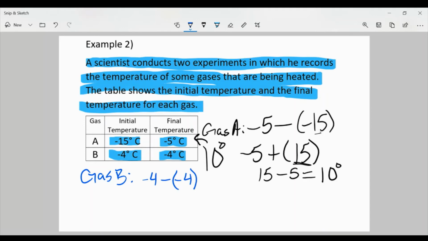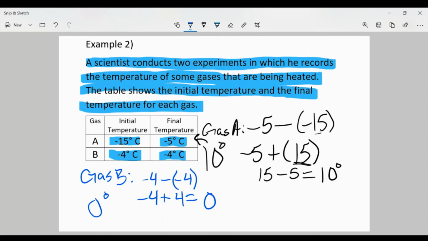Again, we want to add the opposite. So I'm going to add the opposite of negative 4, which is positive 4. And here, if you notice, we have a negative 4 plus positive 4. These are opposites, additive inverses, and the sum of additive inverses is always 0. So for gas B, there was a change of 0 degrees.